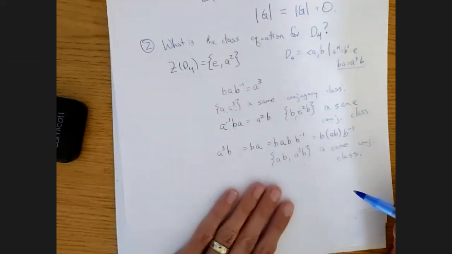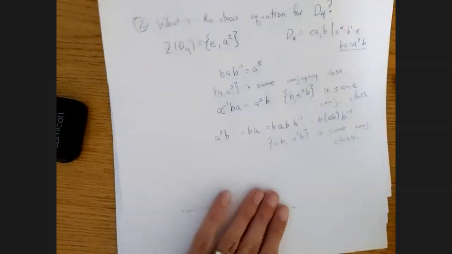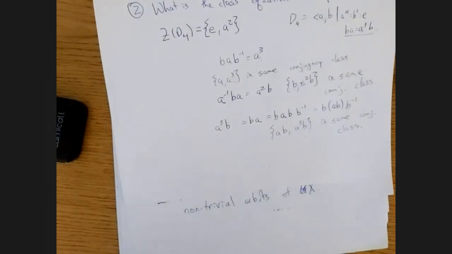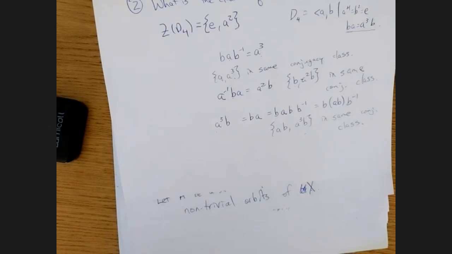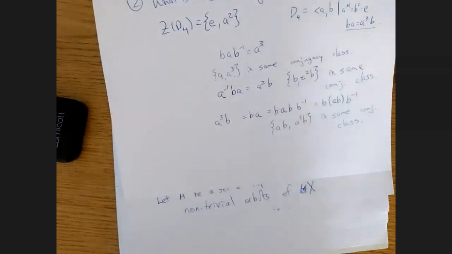Okay, so let's take just basically a 2-minute break. When we come back, we'll do that last part, and that's it. Okay, so let's stop and then just come back for a very short period of time to finish off this example, and that's it. Okay.